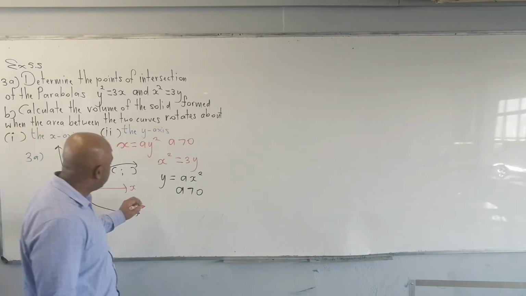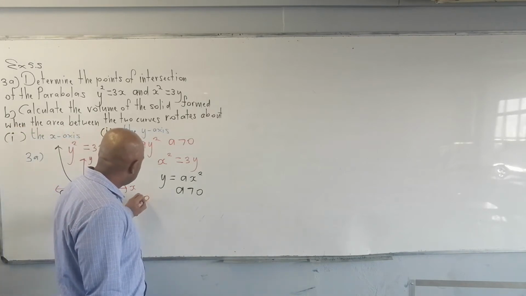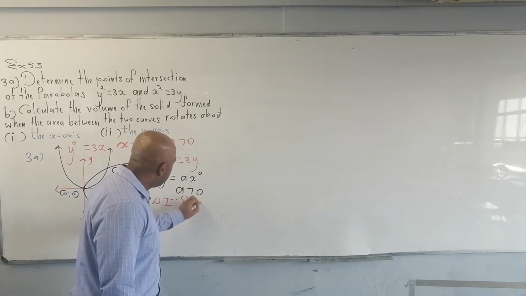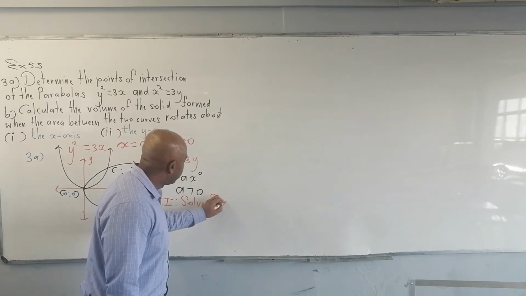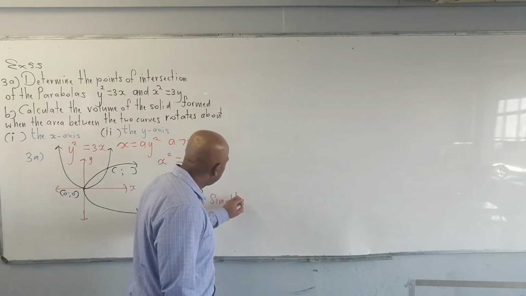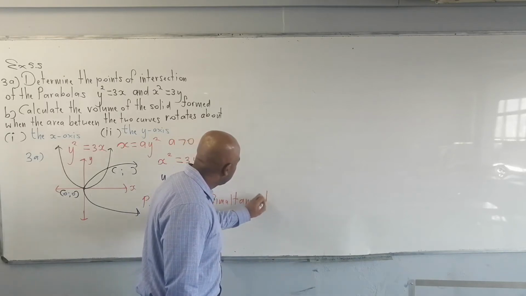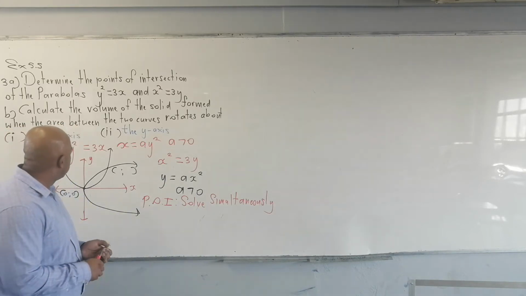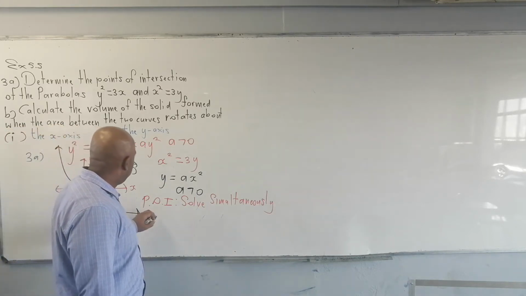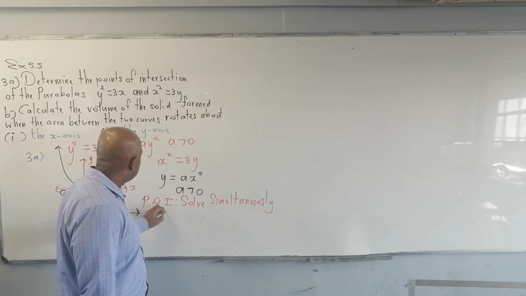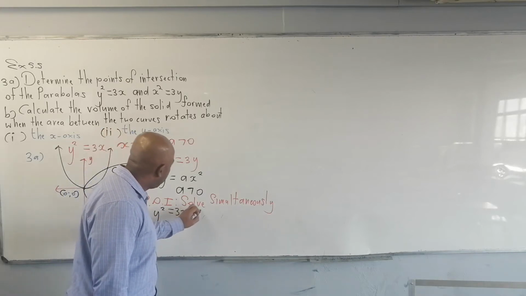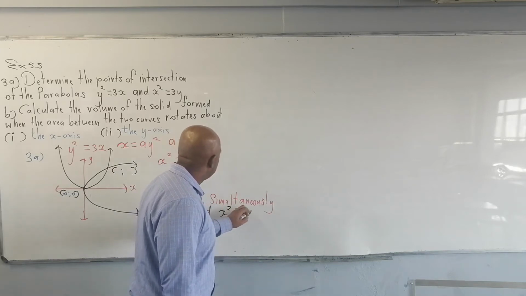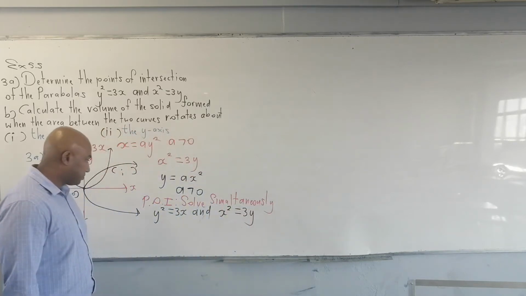So now for points of intersection, we're going to solve simultaneously. Points of intersection, solve simultaneous equations. So we have y squared is equal to 3x and x squared is equal to 3y.